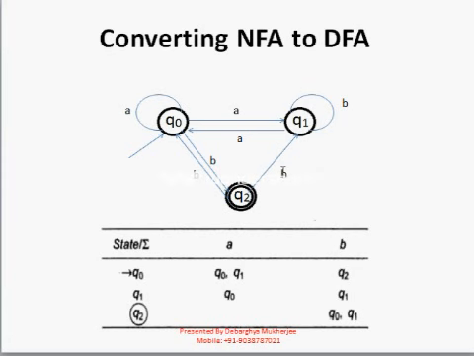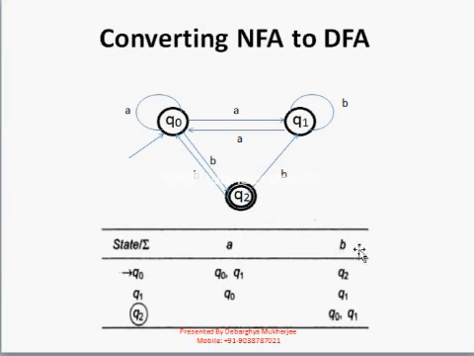Now as this is a NFA, clear from the transition table we can see that if we apply A over Q0, then it is going to Q0 as well as Q1, and if we are applying B as input over Q0, it is going to Q2.